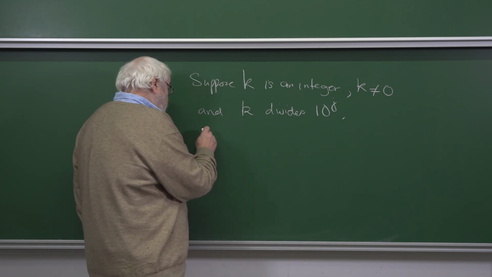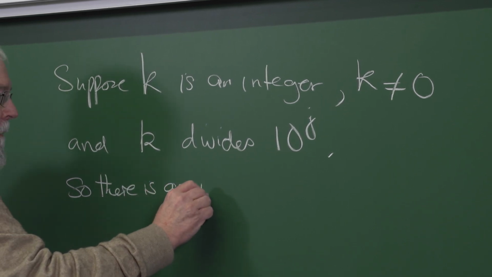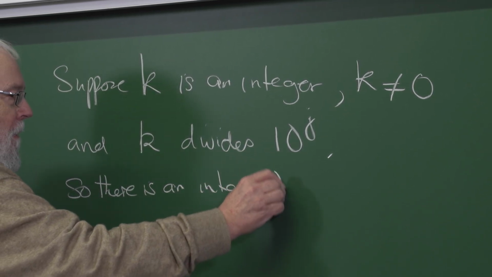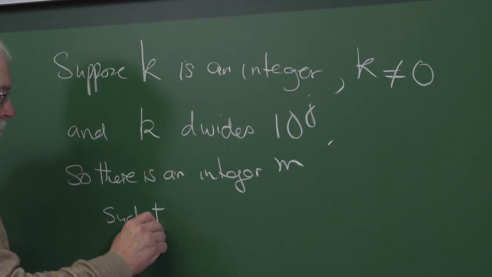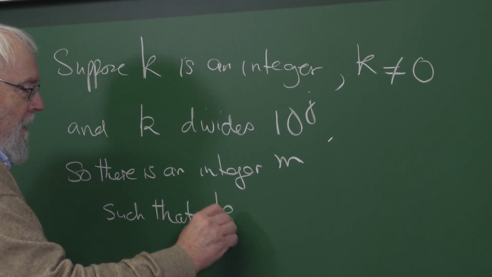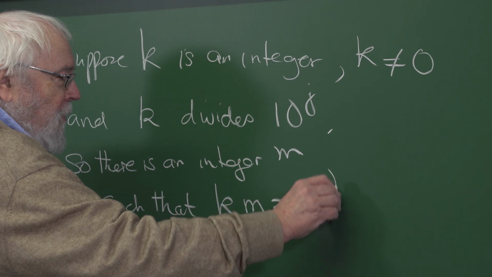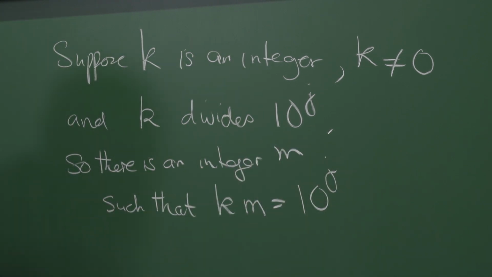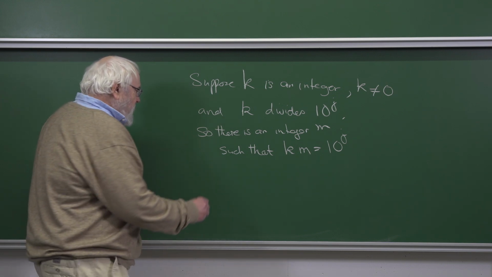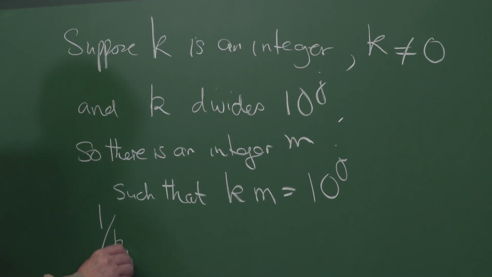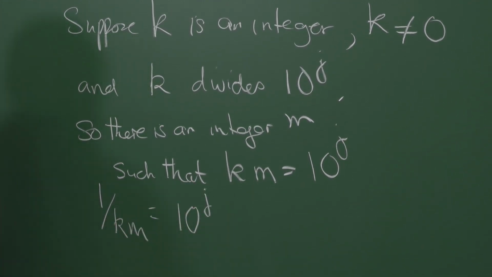What does that mean? So there is an integer m such that k times m is equal to 10 to the power j. Now take reciprocals, put 1 over each side. So it tells you that 1 over km is equal to 10 to the power minus j.